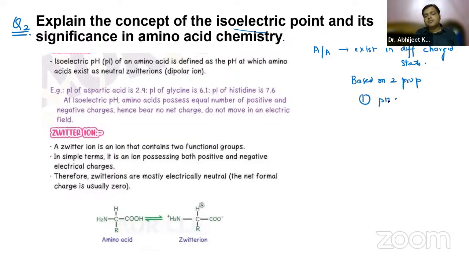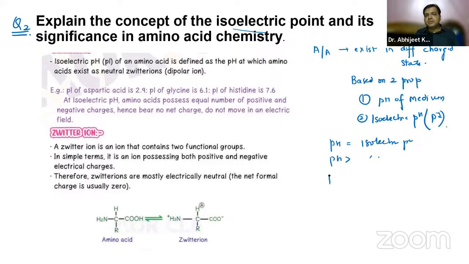One is the pH of the medium, and the other is the isoelectric pH, PI. Now, there can be 3 conditions: the pH is equal to isoelectric pH, pH is more than isoelectric pH, or pH is less than isoelectric pH. There could be 3 situations, right?